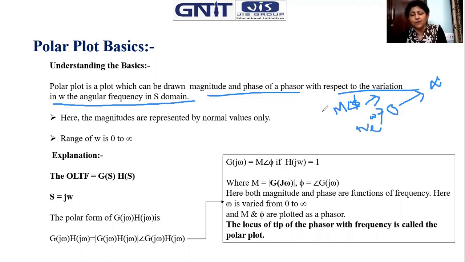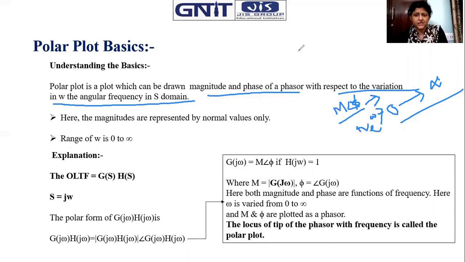So for the polar plot, we will find that any phasor quantity, or you can say the transfer function mainly for the control system, will be represented in magnitude and phase form. That is nothing but the polar form of that phasor, right? And the variation of the magnitude along with the phase with respect to omega, over the whole range 0 to infinity, will be depicted through the graphical approach.